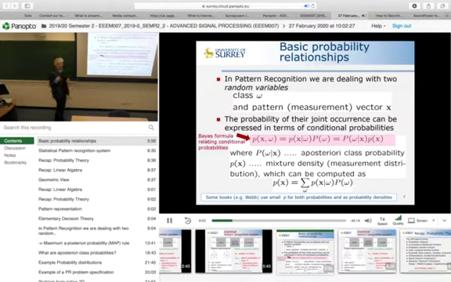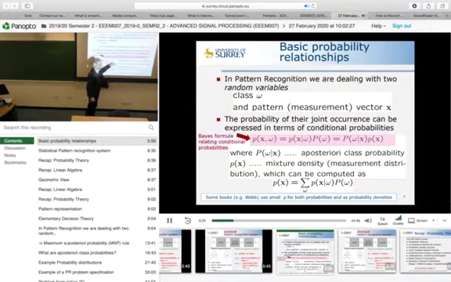But in many cases, we don't see this joint distribution. We're dealing with conditional distributions a lot. So we can unpack this joint distribution into conditional distributions in two ways. One is the probability of X given omega times P of omega. This one says, suppose we knew which class it was.